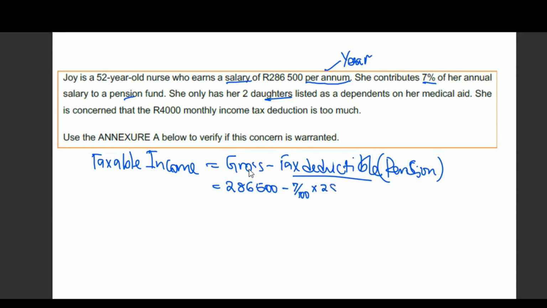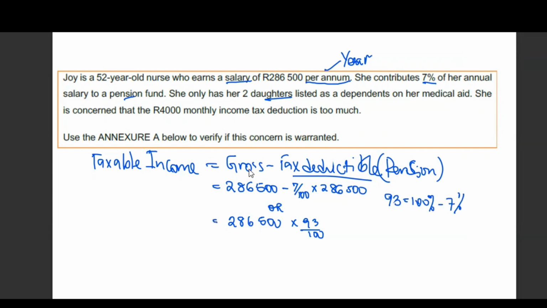of the same money. Why are we doing this? We are removing pension. Or you can say you reduce this by 7, whereby you multiply by 93 over 100. How do I get the 93? 93 comes from 100% minus the 7%.